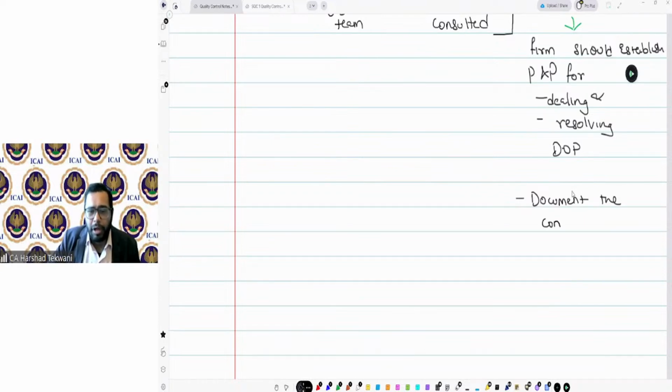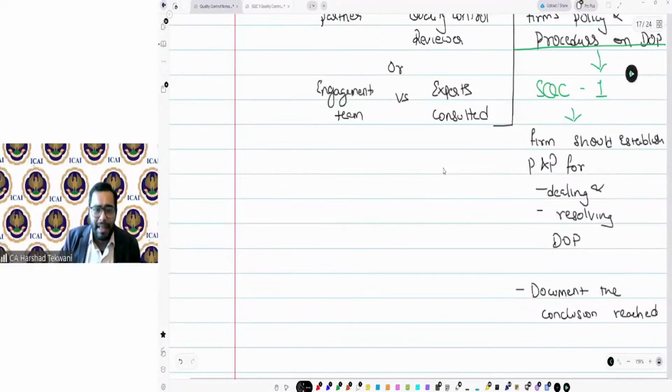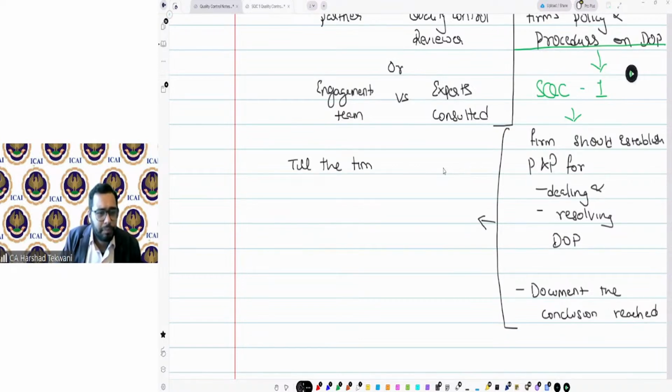the conclusion reached. Also, the SQC1 says that till the time you draft a policy, till the time the difference of opinion is not resolved, the report should not be issued.